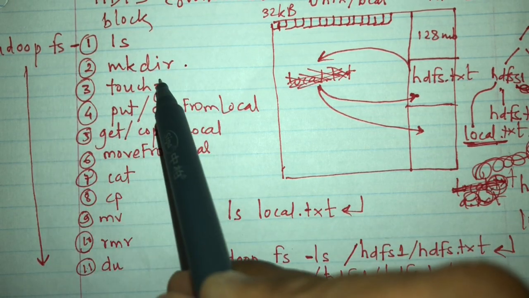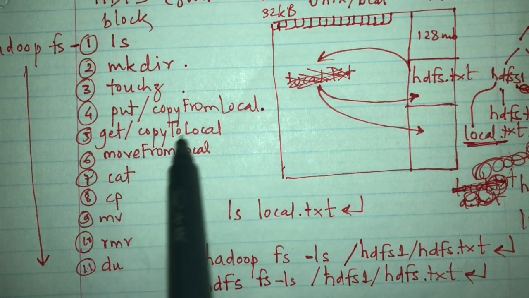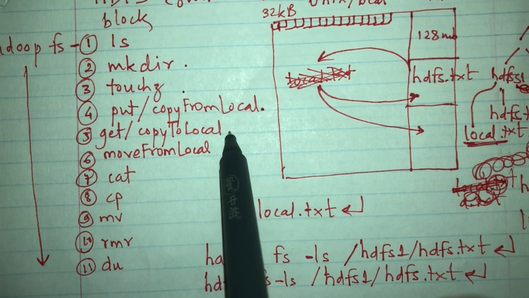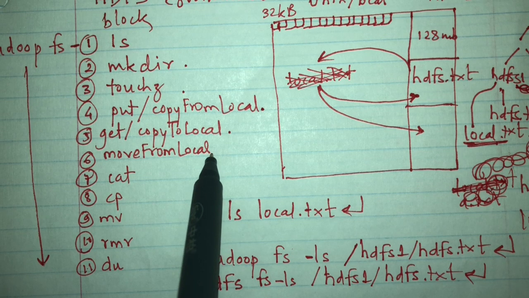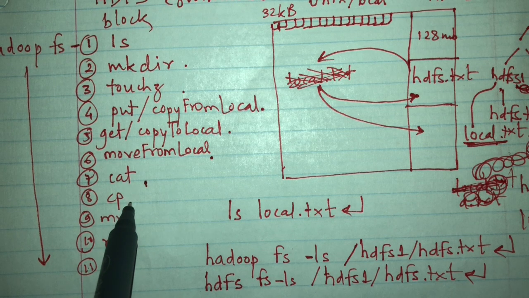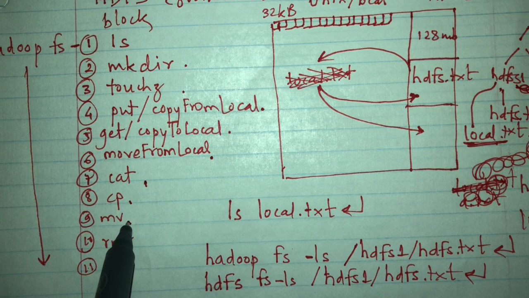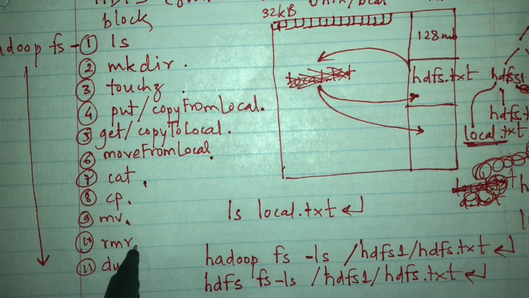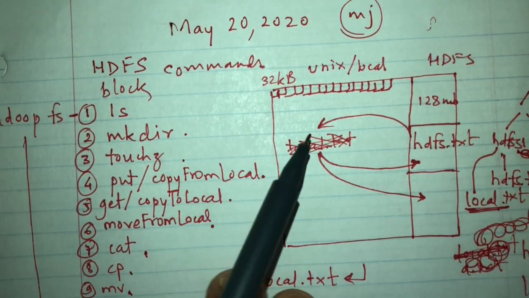You can create a directory, you can create an empty file in HDFS, you can copy a file from local file system to HDFS, you can copy a file from HDFS to local file system, you can move a file from local file system to HDFS, you can print the content of an HDFS file, you can copy a file or directory from HDFS to HDFS, you can rename or move a file or directory from HDFS to HDFS, you can remove or delete a file or directory in HDFS, and you can see the size of the file or directory in HDFS. Please note that the size of a directory in HDFS is always 0.